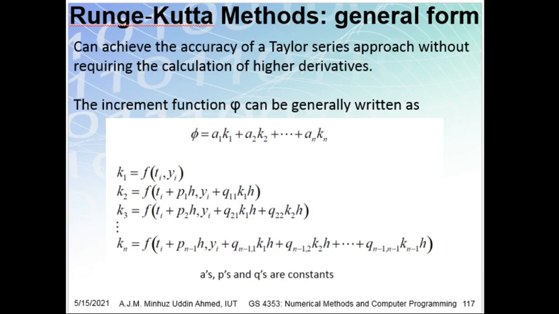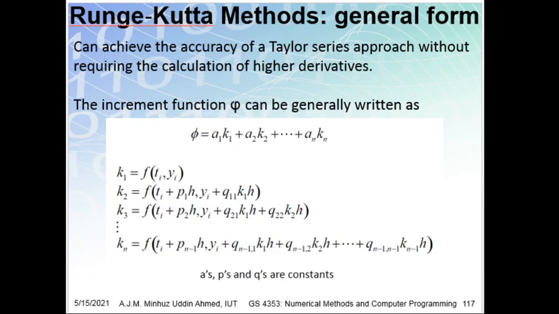This method can achieve the accuracy of a Taylor series approach without requiring the calculation of higher derivatives. In the Taylor series we have seen there was an expansion, might be up to infinite terms, which if we use we might get higher accuracy, but similar accuracy might be obtained without requiring calculation of higher derivatives.